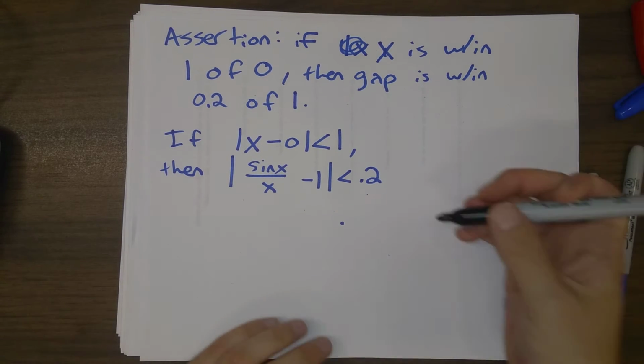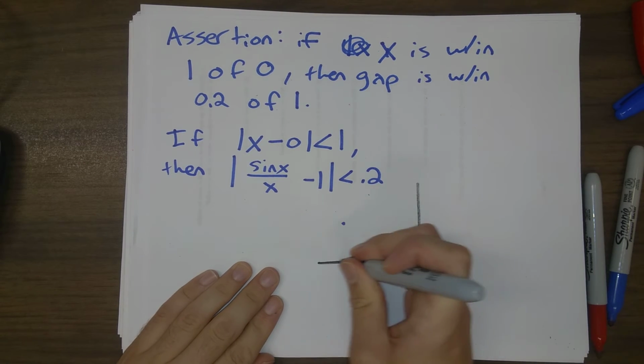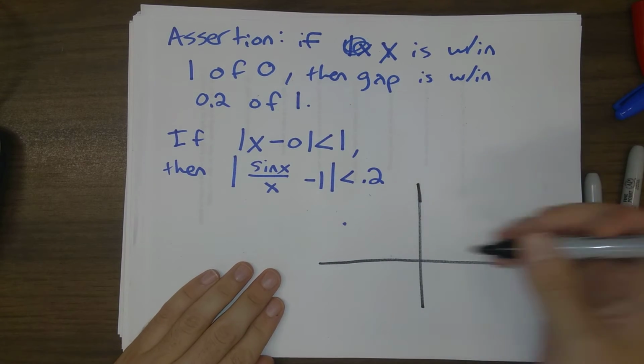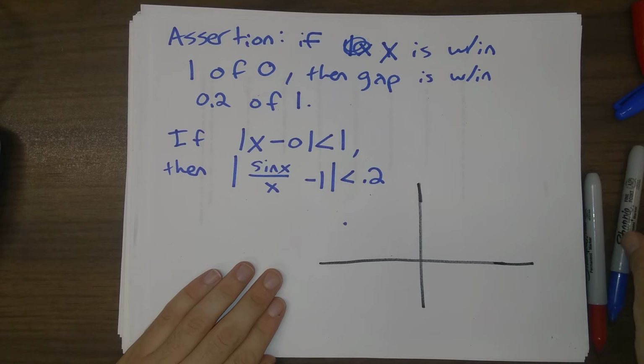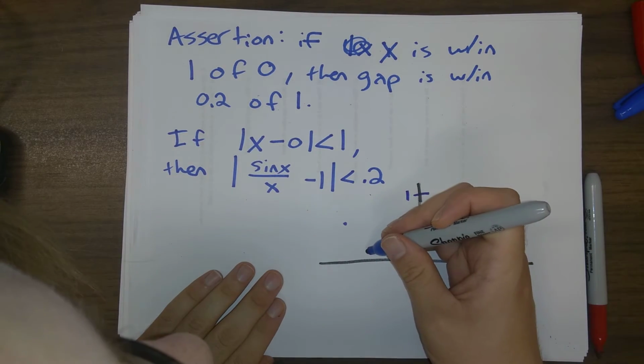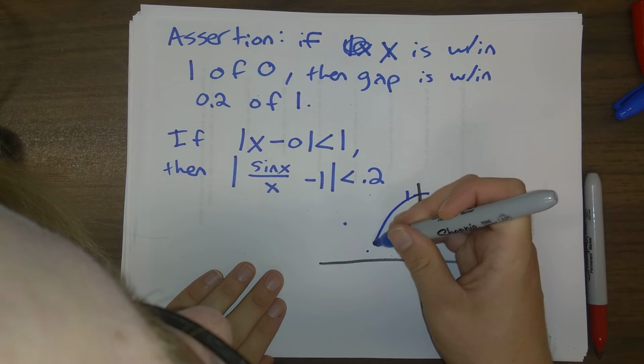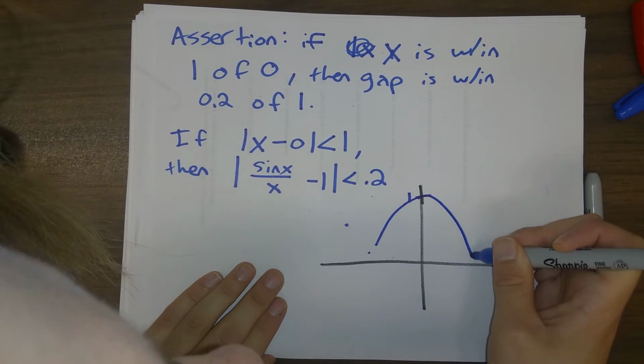So, drawing a picture here, gonna have to get a new black marker before too long, I guess. So here is 1. Here is sine x over x.